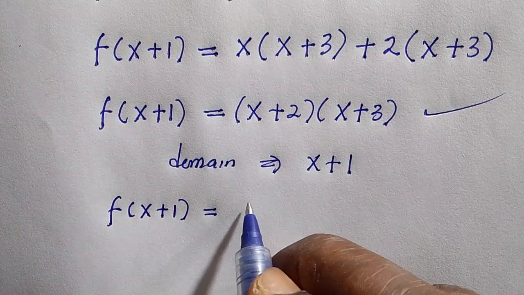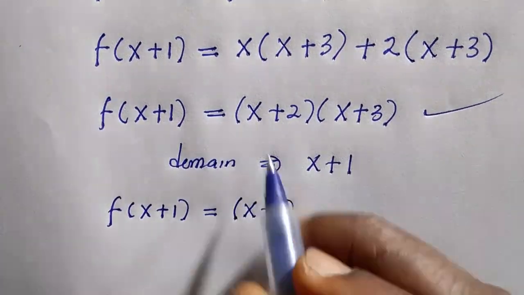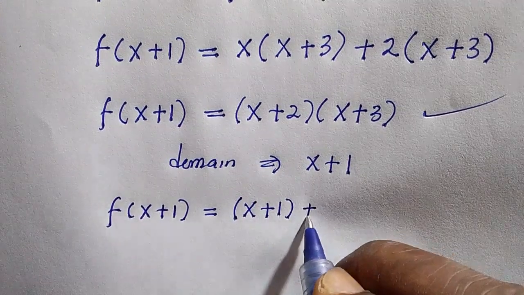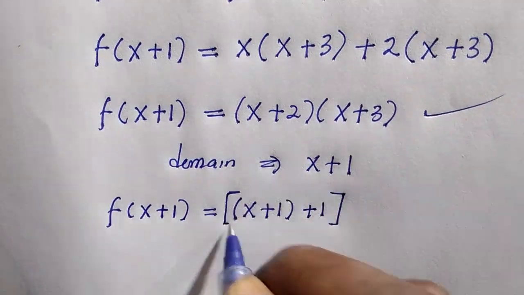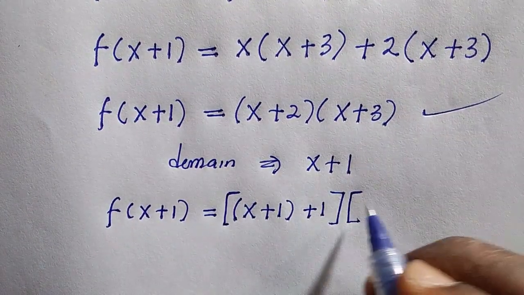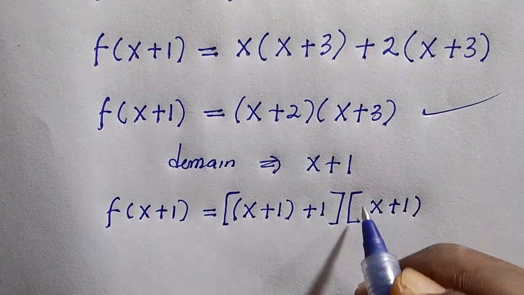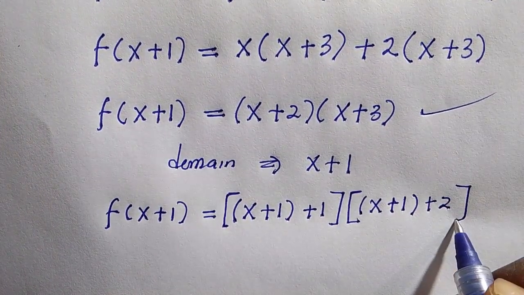So for the first one, we have x plus 1. So we'll put this in parentheses for this first bracket, and what is missing is plus 1. And we close this. Similarly with this one, since what we need is x plus 1, we write it as x plus 1 and we add 2 because that is what is missing.